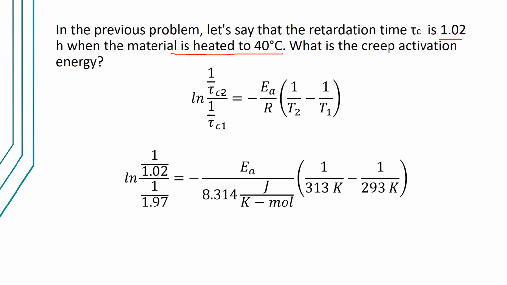Tau sub 2 is 1.02, and tau sub 1 is 1.97. So the activation energy is the only unknown. R is 8.314, and of course the temperatures are in absolute values. Therefore, you will get the activation energy as 25,094 joules per mole.